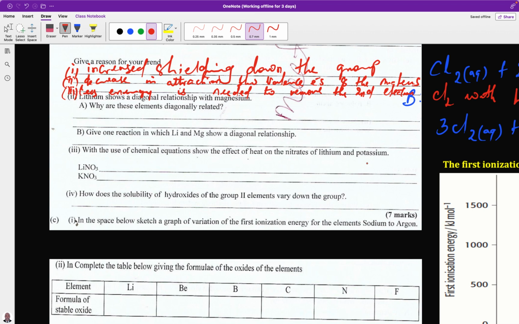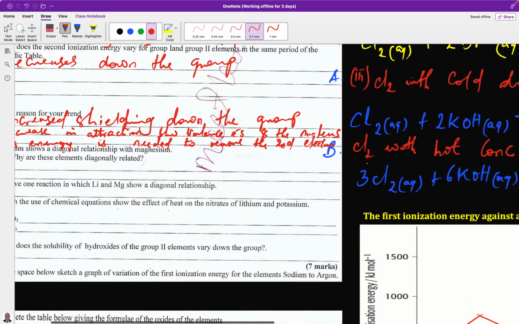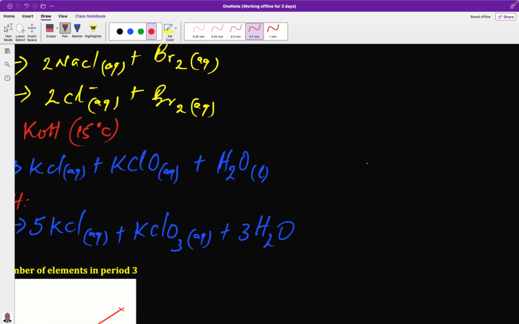B. Give one reaction in which lithium and magnesium show a diagonal relationship. I think I have mentioned some reaction there. Let me give the reaction when they are heated with nitrogen.